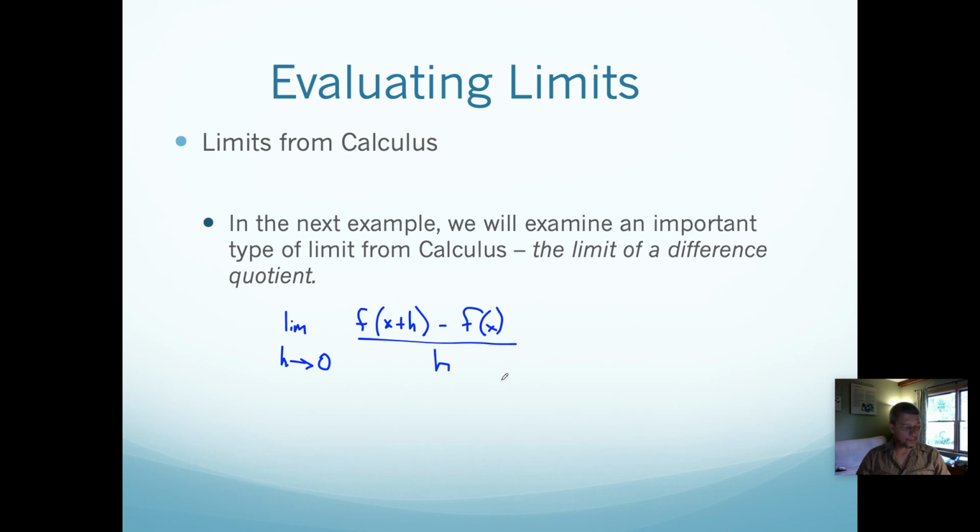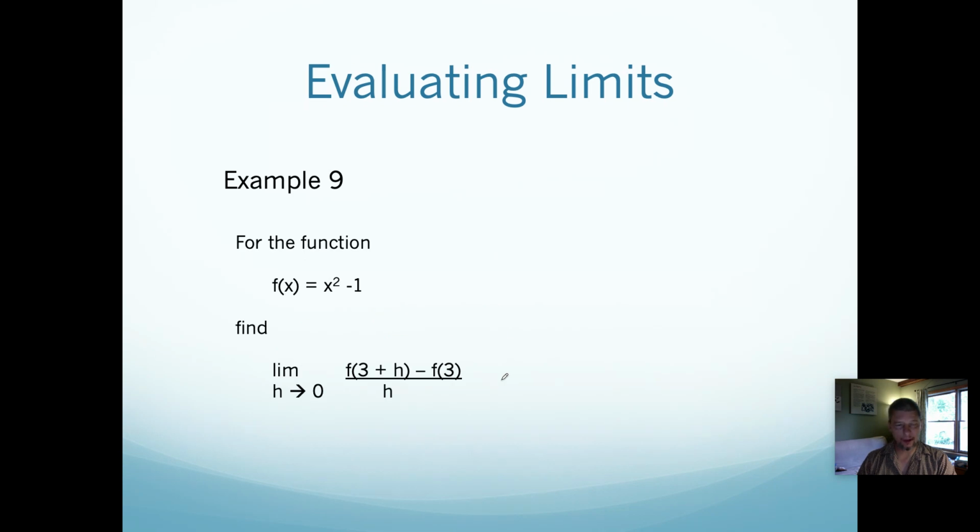Now, let's look at an example of this. Let's take the function f of x equals x squared minus 1. We're going to be asked to find the limit as h approaches 0 of f of 3 plus h minus f of 3 all over h.